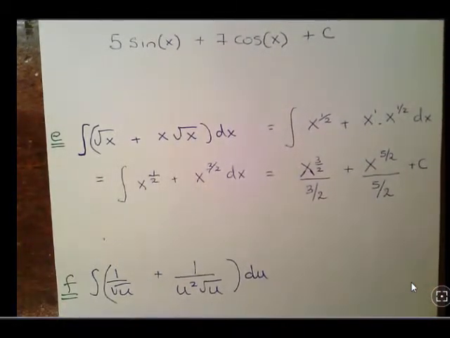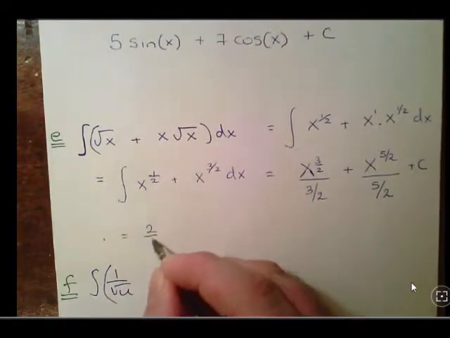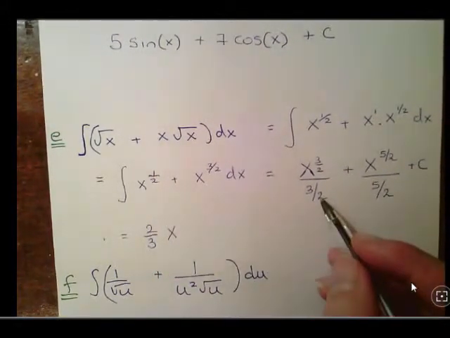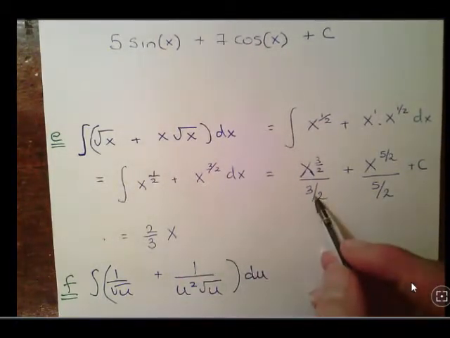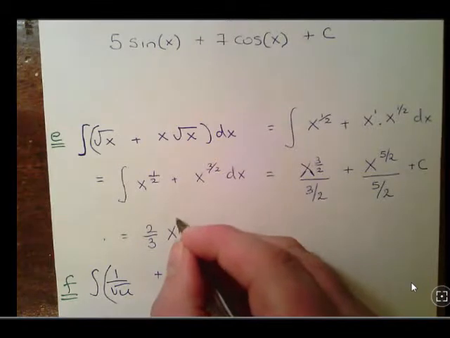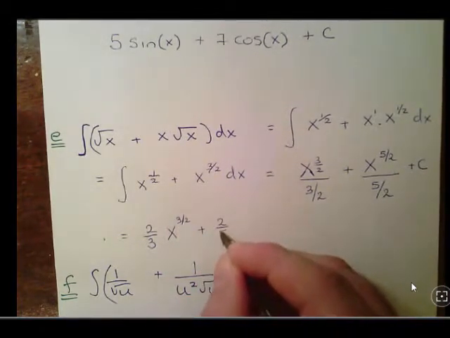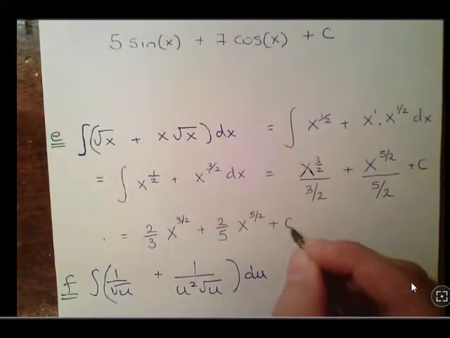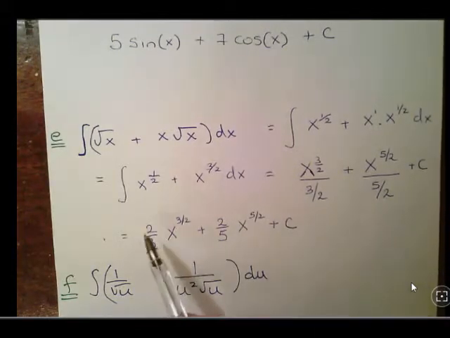We can do a little bit more with that. We can rewrite that as 2/3 x to the power of 3/2, multiplying above and below by 2/3, plus 2/5 x to the power of 5/2, plus c. You can try to simplify it a little bit more, but I'm happy enough with that now.